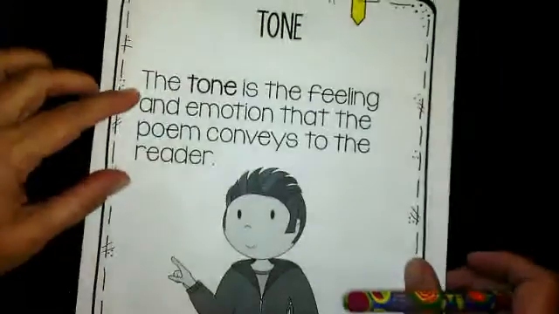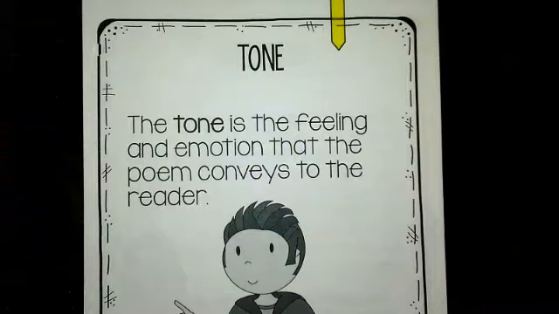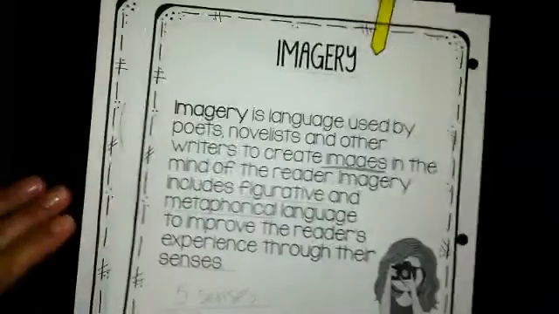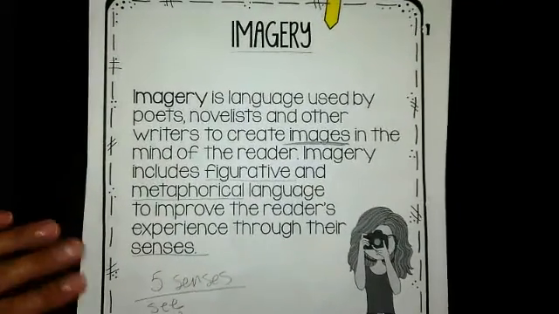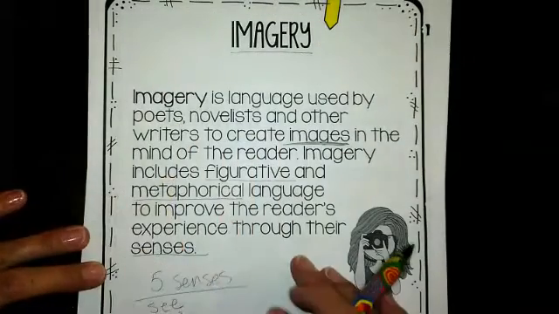We talked about tone. And tone is the feeling or emotion that a poem conveys to the reader. So how does the poem make you feel? We also discussed imagery. Remember, imagery is what picture do you get in your mind whenever you are reading a poem?